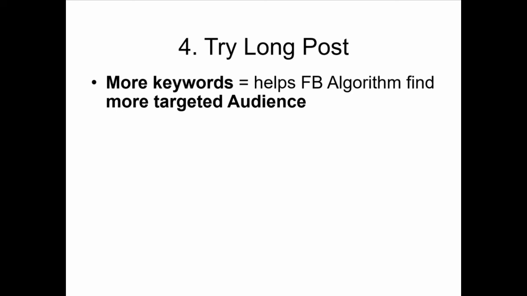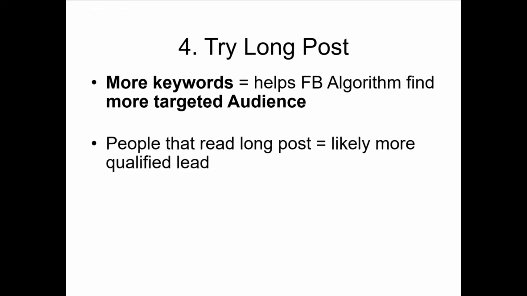Number one, let's talk about the Facebook algorithm or learning machine. The more you write into your post, of course within reasonable limits, it actually helps tell Facebook, a learning machine, that look, this is the kind of audience that I want to hook in. It helps you find a more targeted audience. And we also find that people that bother to read a long post are also more likely to be qualified and interested.